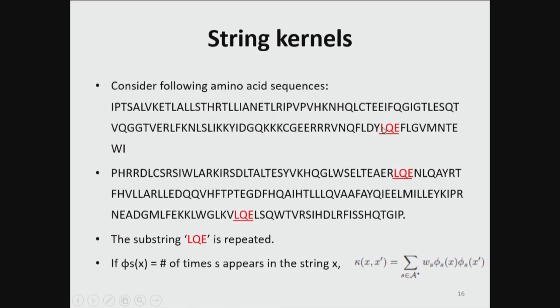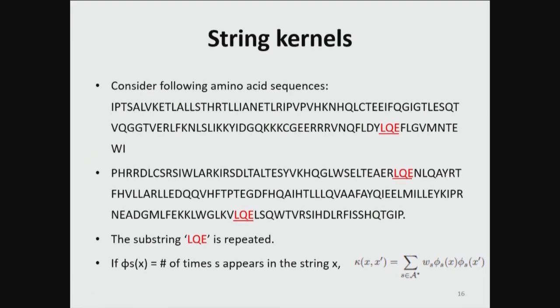Similarly, the number of times the substring LQE is repeated in string 2 is 2. Then that count we call phi s of x. Therefore, phi s of x is nothing but the number of times the substring s is repeated in the string x.